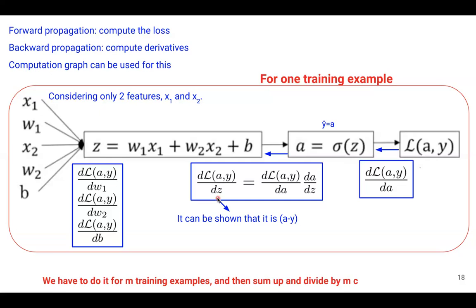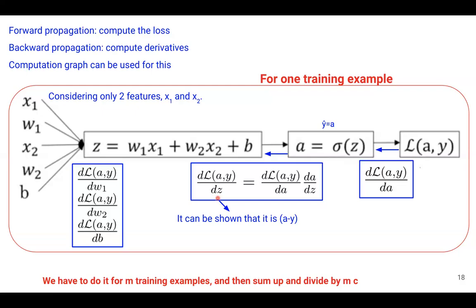Okay, so for logistic regression and also for neural networks, there are a few things that are important. One is called forward propagation. This is a term you will hear a lot if you read the machine learning literature, and it is actually a very simple thing.